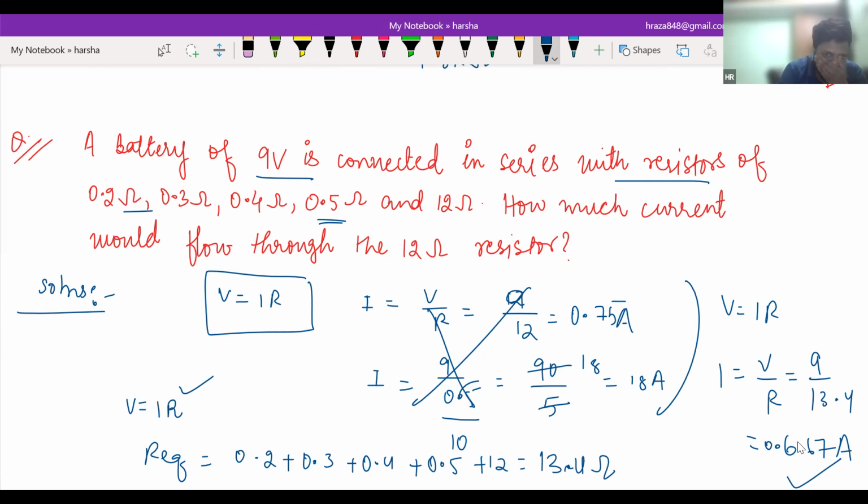Okay, sir. But in series, the potential difference is different and the current is the same. The application is very important.